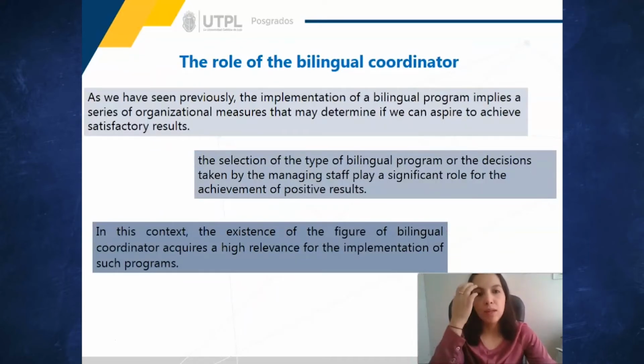The role of the bilingual coordinator also becomes a key element, in particular to assist in the construction of complete teacher collaboration. From a general perspective, the main role of the CLIL coordinator is to guarantee that the program is being implemented in a correct way.